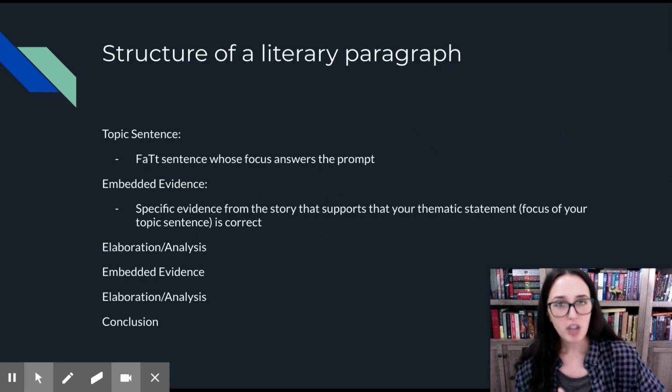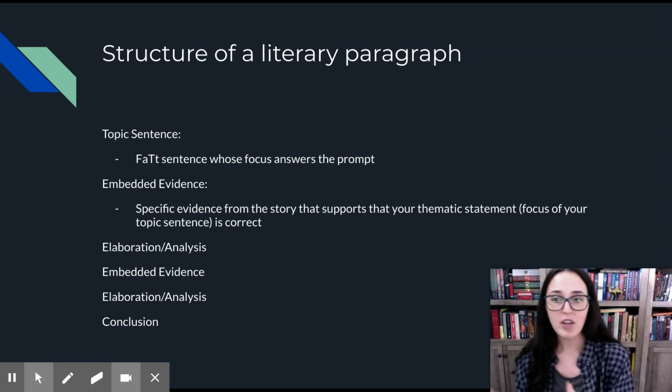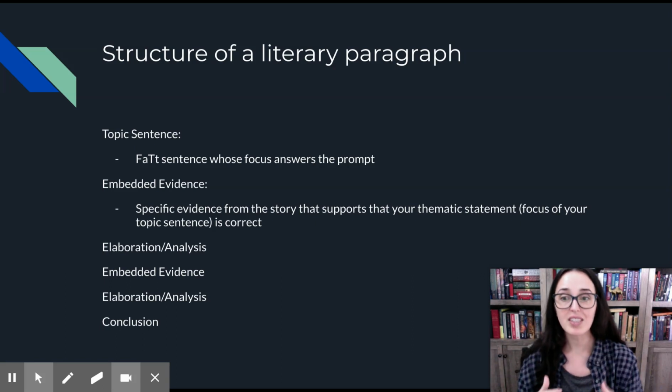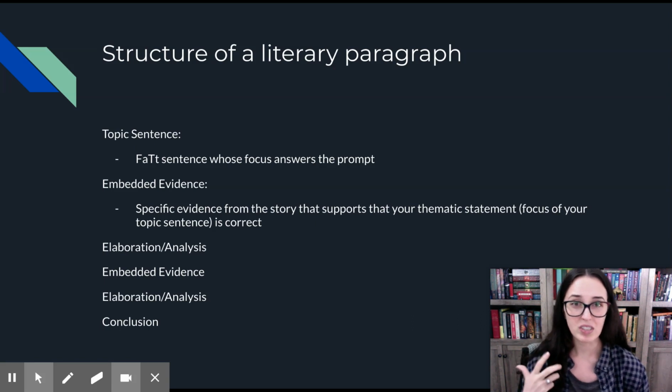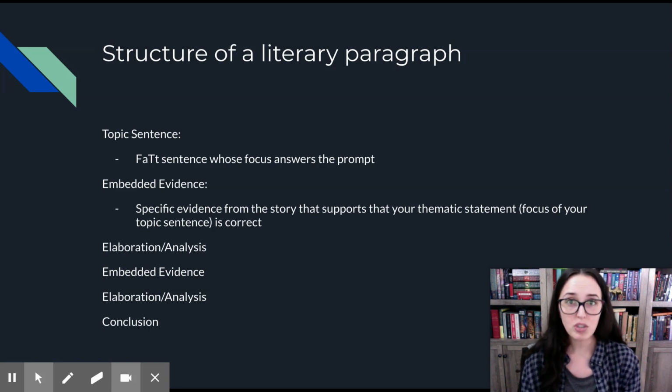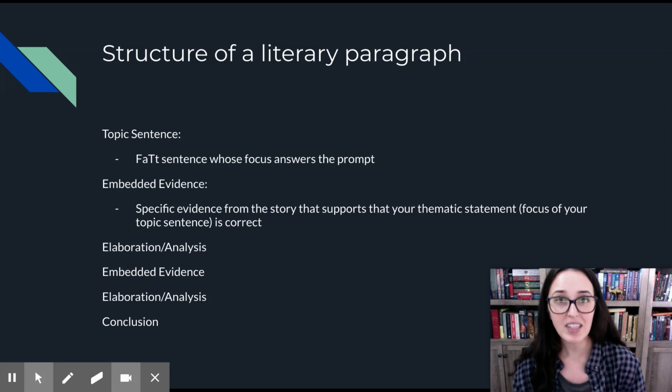So you've got your topic sentence, which is your FAT sentence whose focus answers the prompt, and then you have your embedded evidence. So this is specific evidence from the story that supports your thematic statement. So if you're talking about deceit and deception or disguise, you're going to make sure that your quote specifically deals with that topic or that idea.